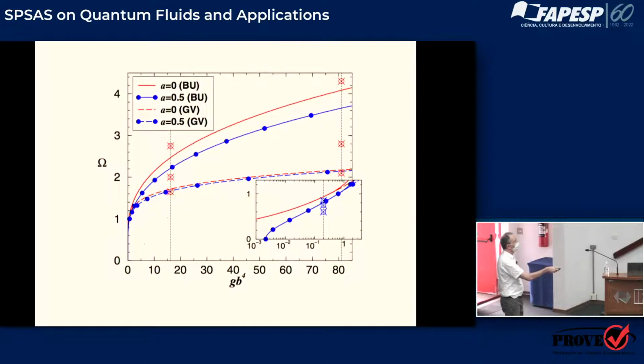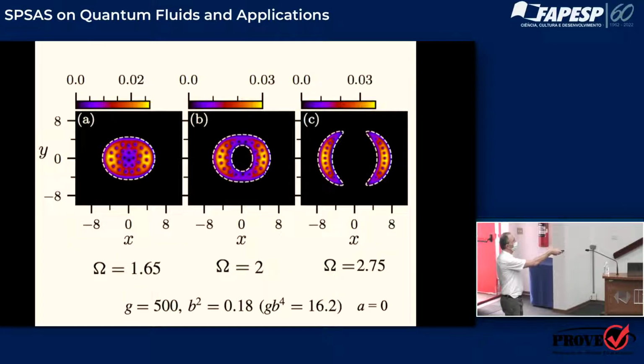Now I show you that case, and as I increase the velocity, first a giant vortex appears, and then finally you have a breakup, not exactly like the other one, but now it splits along this line, theta equal pi over 2. And here the parameters are for A equals 0.